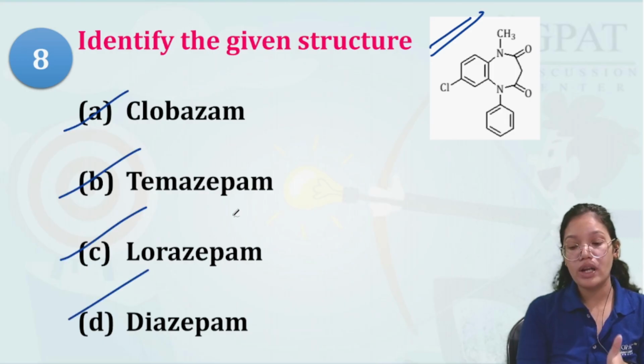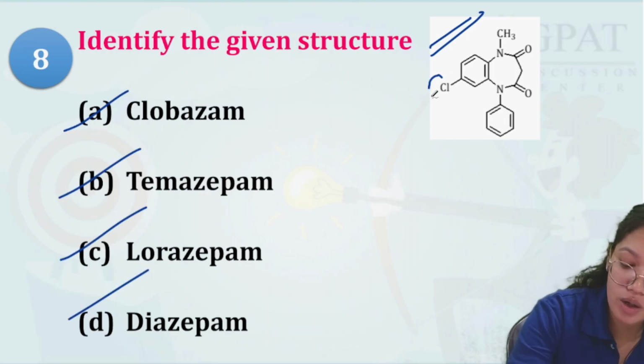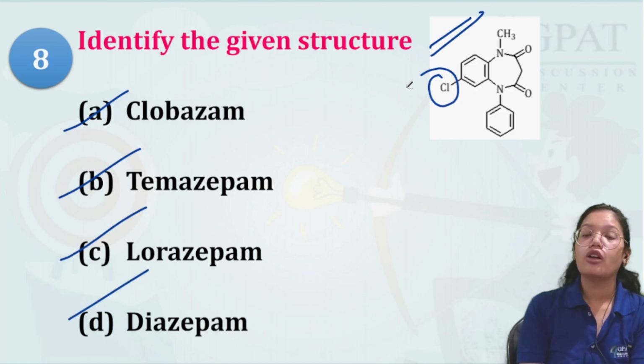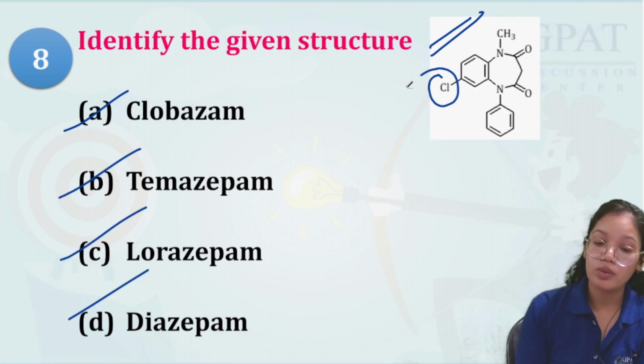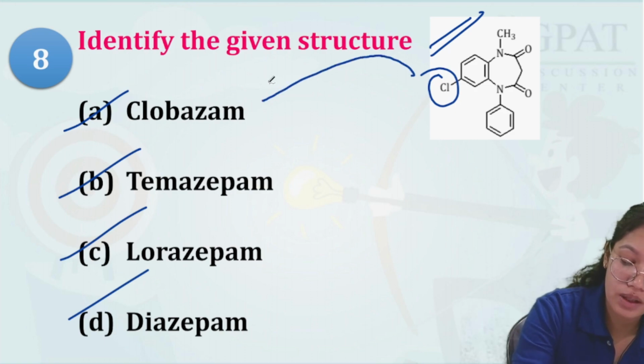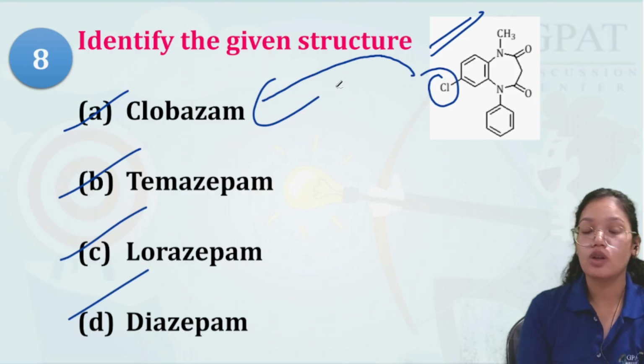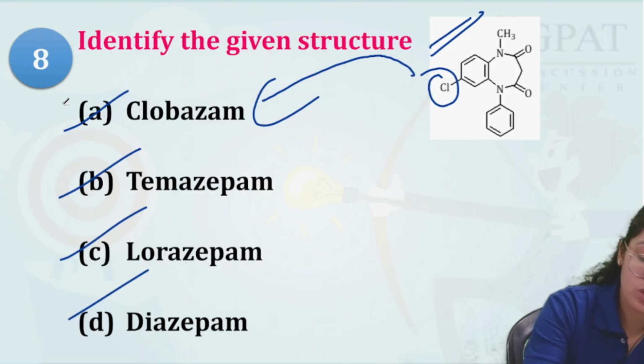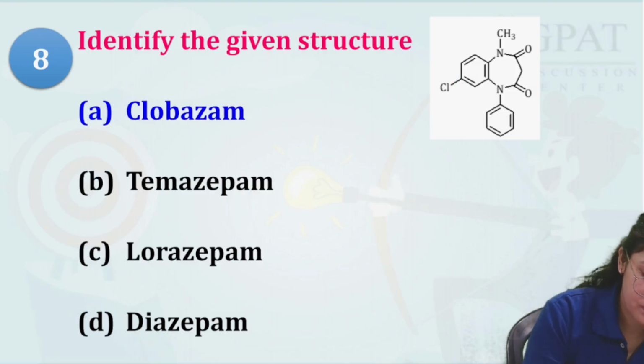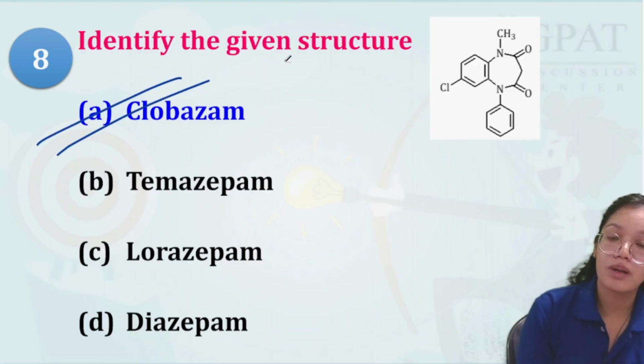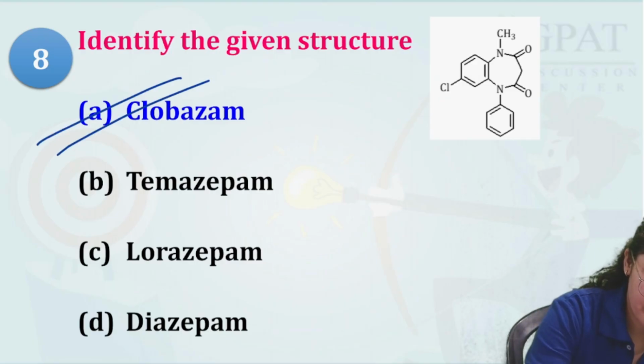Now which one is this? Here we have a chloro group attached, and due to the presence of the chloro group, it is called clobazam. So this particular structure belongs to clobazam. So clobazam is the answer.